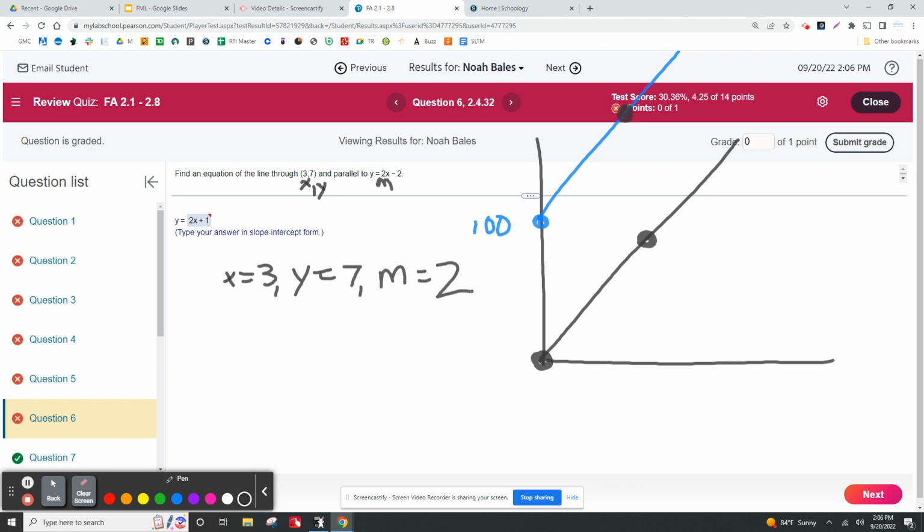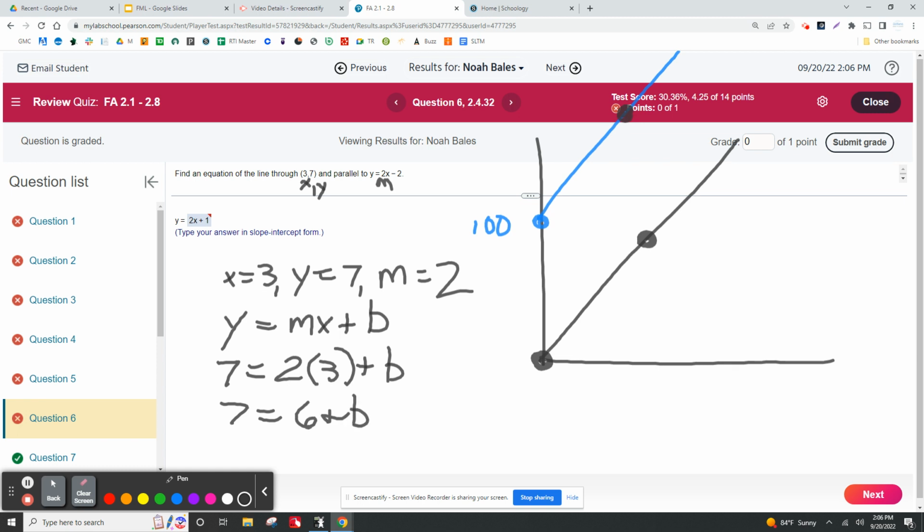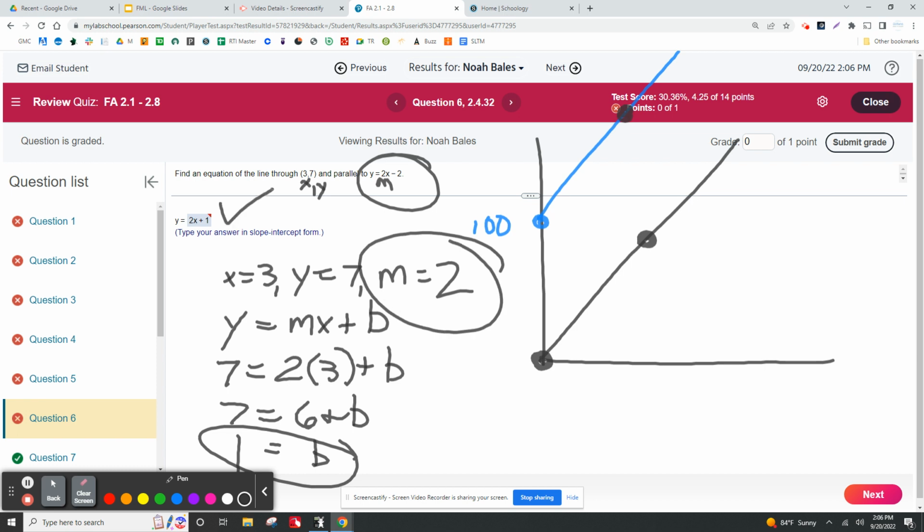Now we just rock the y equals mx plus b, because we don't know the b. Okay? That's exactly right. So now we know that our b is 1. We already knew that our m was 2. And that's how they got that.